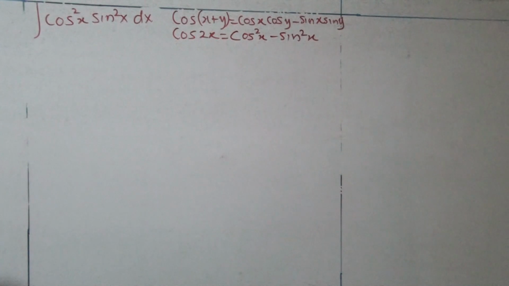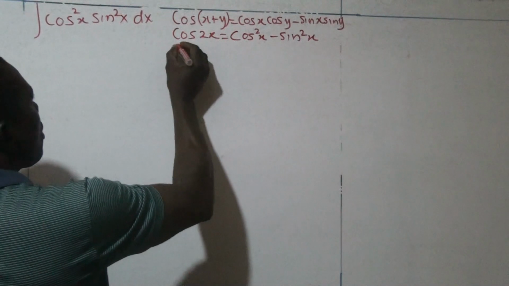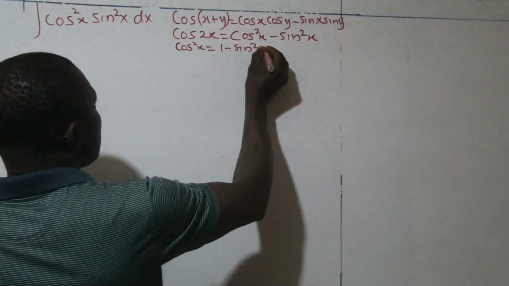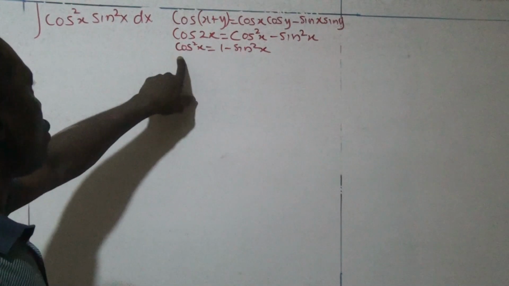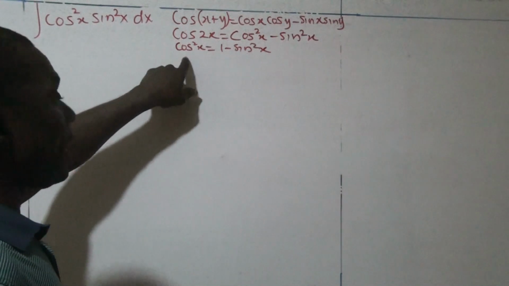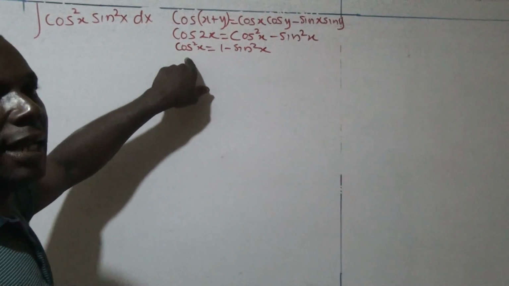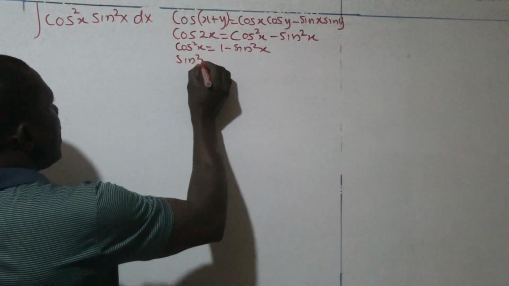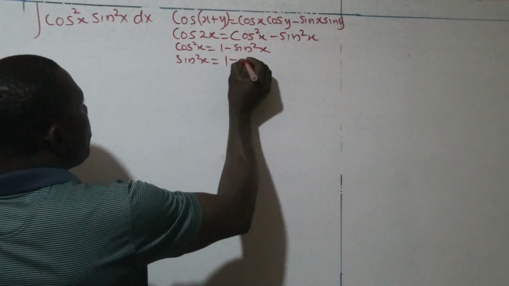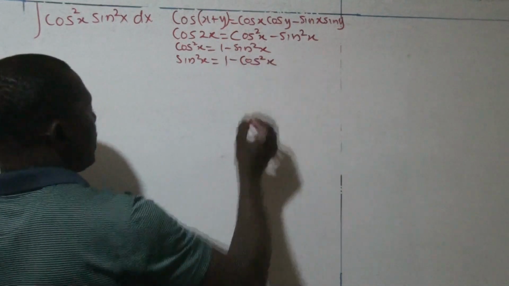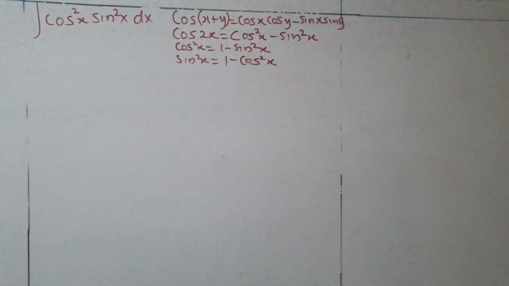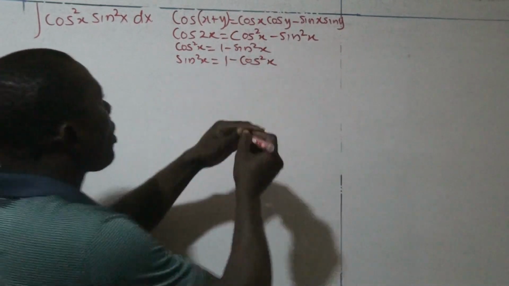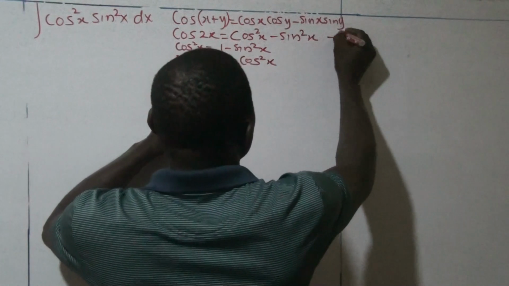And if we recall here that cos squared x plus sine squared x is equal to 1, we can express cos squared x as 1 minus sine squared x. Similarly, sine squared x is the same thing as 1 minus cos squared x.